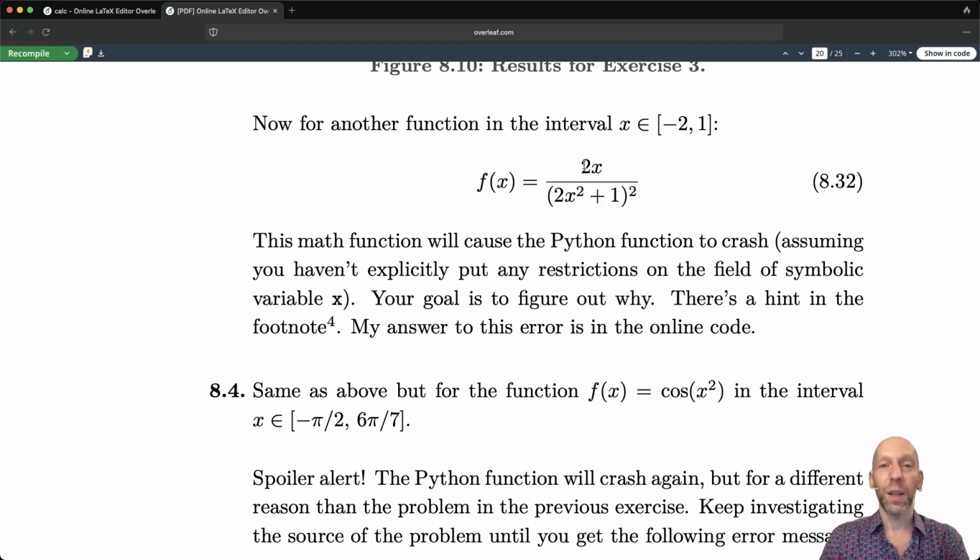Now, when you try to run this, you are going to run into some issues. In particular, the Python function is probably going to crash, and your goal is to figure out why the Python function crashed when trying to solve the mean value theorem problem for this equation. Okay, I'm going to discuss this error and how to resolve it in a moment when I show you this in code.